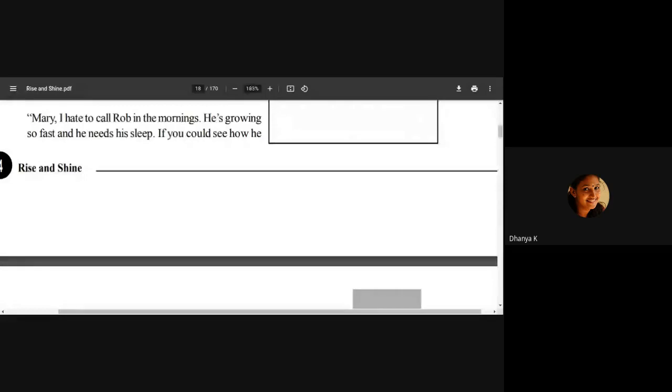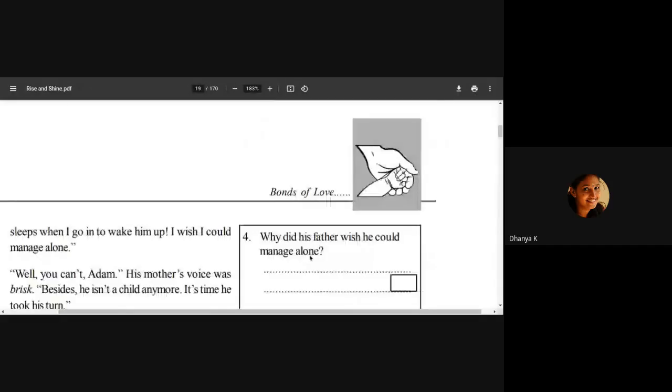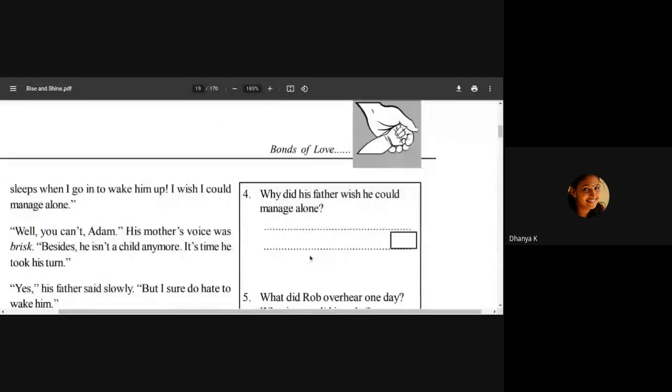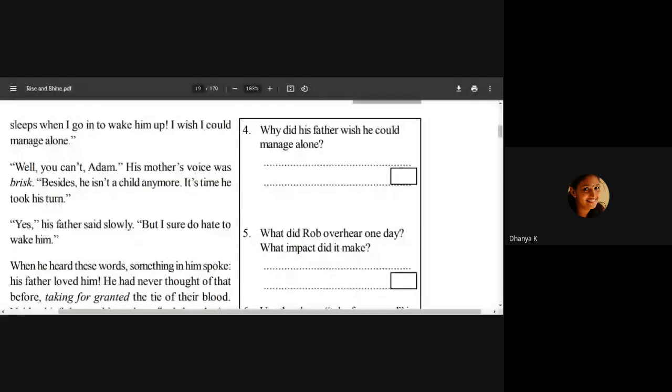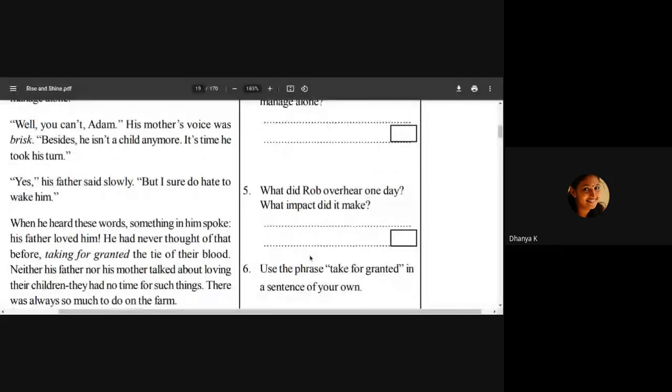Mary, I hate to call Rob in the mornings. He's growing so fast and he needs his sleep. If you could see how he sleeps when I go in to wake him up. I wish I could manage alone. Well, you cannot, Adam. His mother's voice was brisk. Besides, he isn't a child anymore. It is time he took his turn.